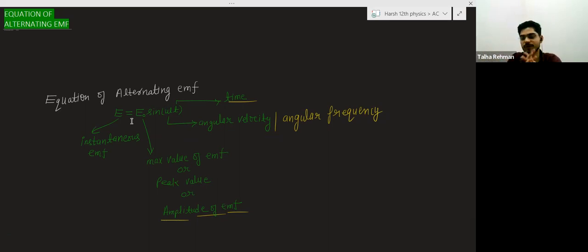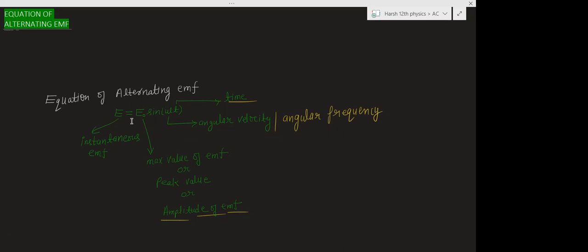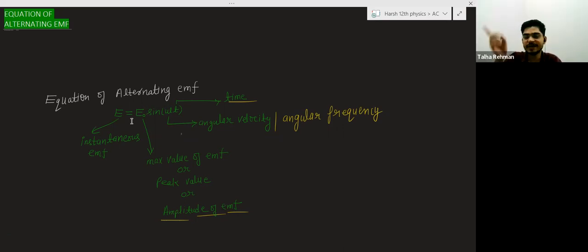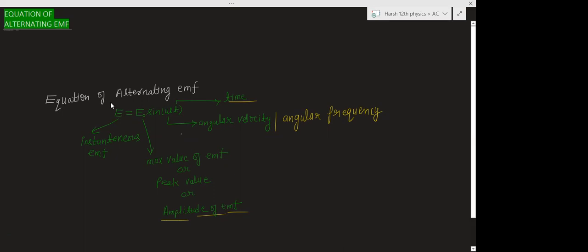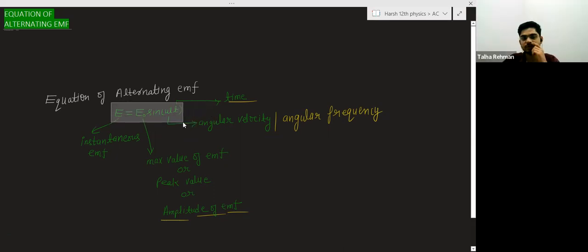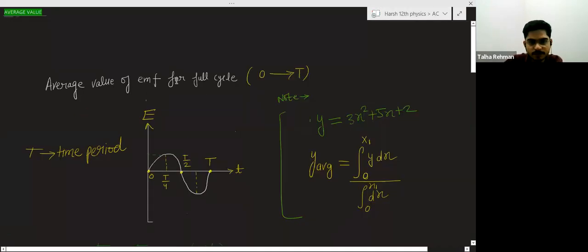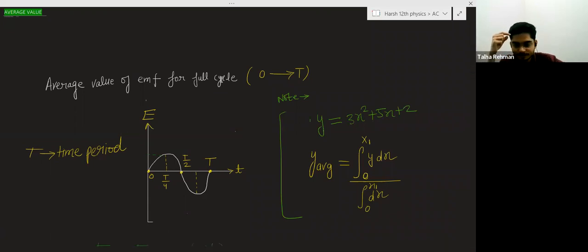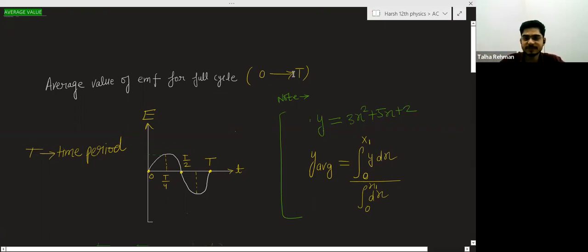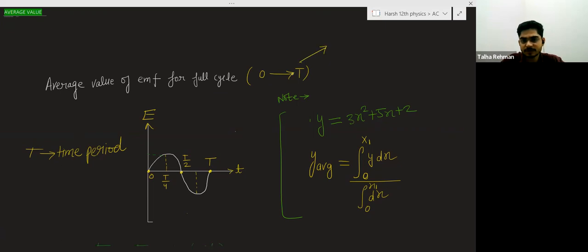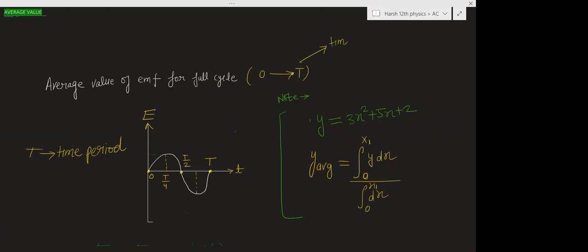For that we will calculate the average value of the EMF. The average value of EMF for a full cycle means the time taken by the coil to complete a full cycle, which is the time period. This is the time period.